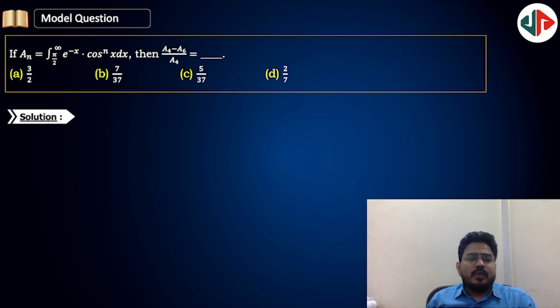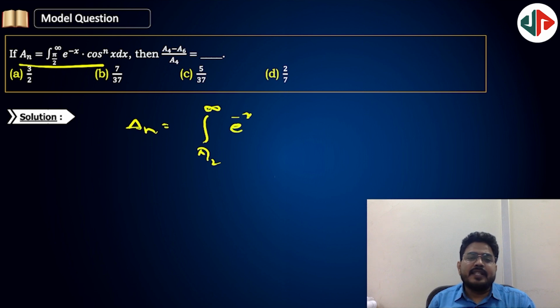A n is equal to this value, a4 minus a6 by a4. So what is this one? A n is equal to integral pi by 2 to infinity e power minus x cos power n x dx. So what is a4?